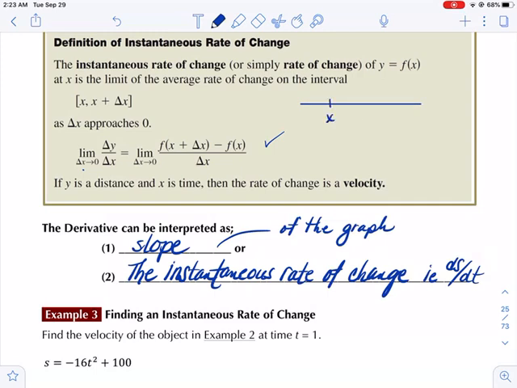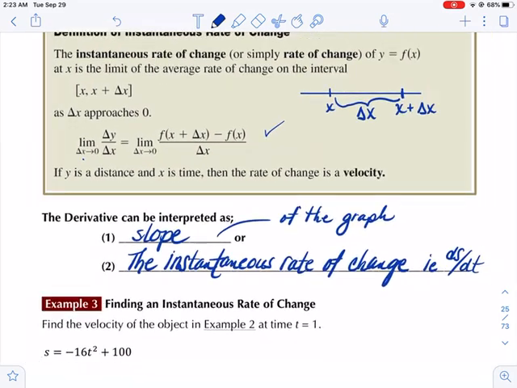Here's an x, and then delta x down the road, there's another x value, but we're going to call it x plus whatever delta x is. It just happens to be the distance that we traverse from x to x plus delta x is delta x. So we take the limit as delta x approaches 0 of that difference quotient that we've talked about before.